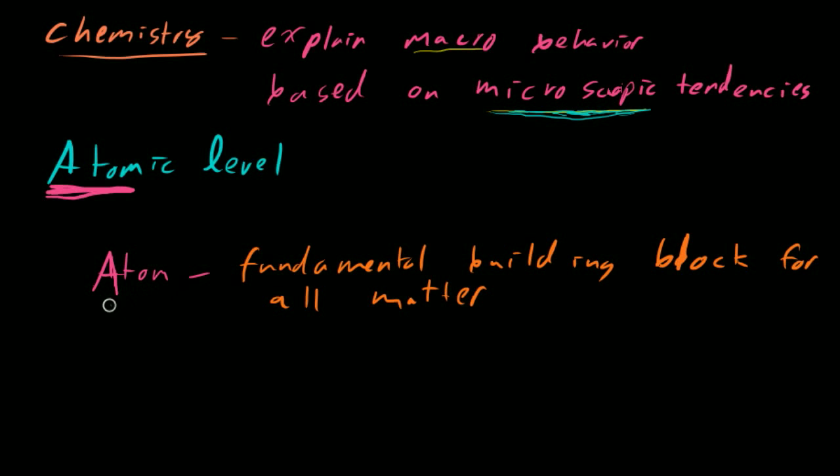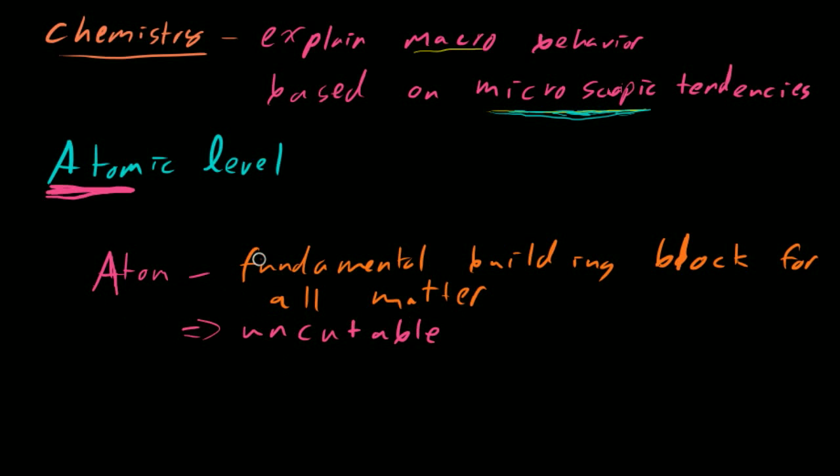It would be as small as you could possibly get. It would be more or less the quantization of all matter. And that's where the idea of the atom comes from. The word atom is a Greek word, or I think the root of the word is Greek, and it means uncuttable.